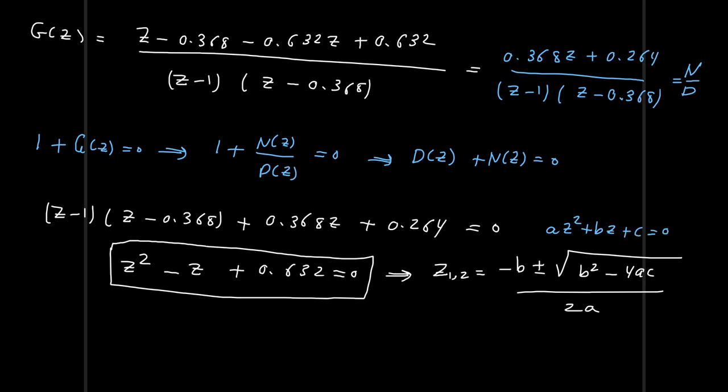So if we do the math, we'll have z1,2 will equal 0.5 plus minus j 0.618. So simply, this means that the magnitude of z is less than 1. So the system is stable.